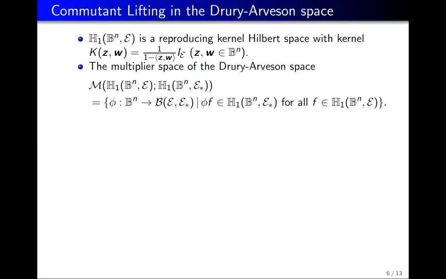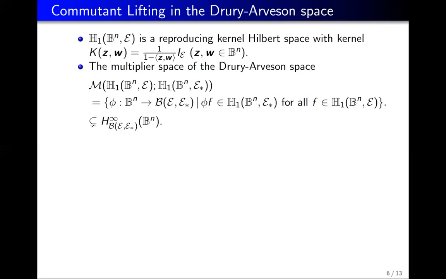And in this case, the norm of M_phi is actually not equal to the supremum norm of phi, which was true in the case of the disk, in the case of the Hardy space. But in this case, the norm of M_phi is usually bigger than the supremum norm of phi, and in fact, this is precisely the reason why in this case the multiplier space is not identified with the whole space.